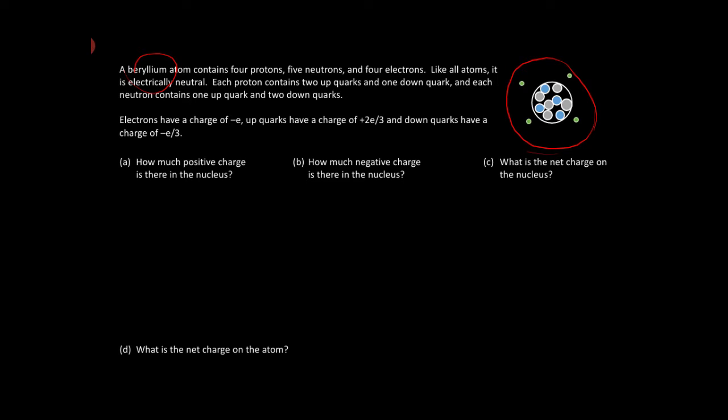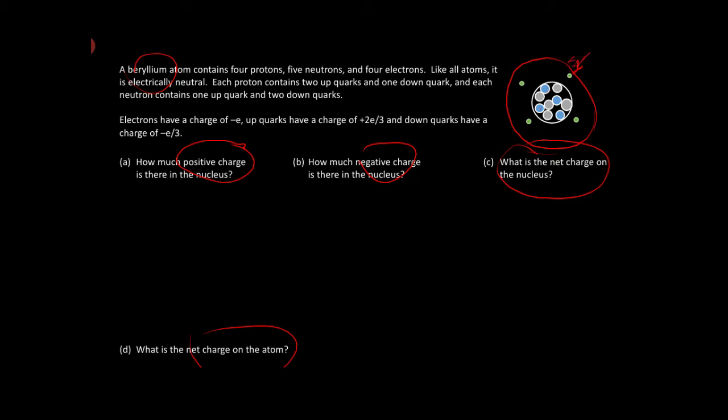And so what I'd like to do is go through and find 4 things. The amount of charge in the nucleus, the amount of positive charge, that is the positive charge from each one of these different protons and neutrons, and then I'll get the negative charge the same way. Then I'll find the net charge on the nucleus, and then I'll find the net charge on the atom, which will include the electrons.